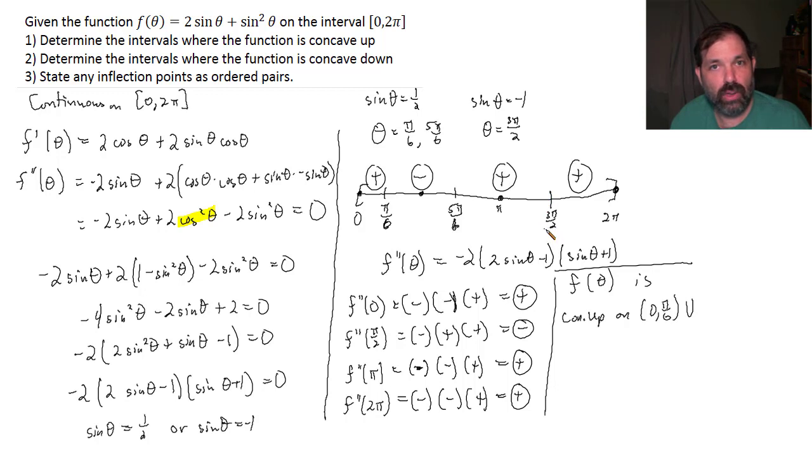At 3 pi over 2, the concavity is neither up nor down. So it's concave up on 0 to pi over 6, and then again on 5 pi over 6 to 3 pi over 2, and then again on 3 pi over 2 to 2 pi. It's concave down on pi over 6 to 5 pi over 6.